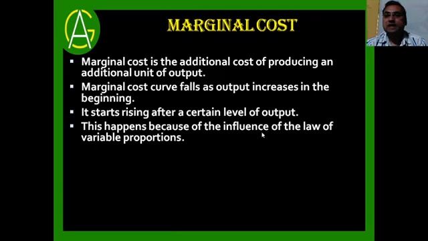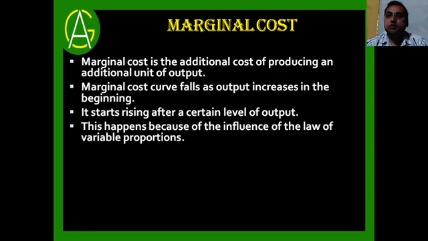Do remember, this happens because of the law of variable proportion. As we know, according to the law of variable proportion, the marginal production increases first. After marginal production increases, it will reach the maximum and then it will start decreasing. So this is the opposite of marginal production.